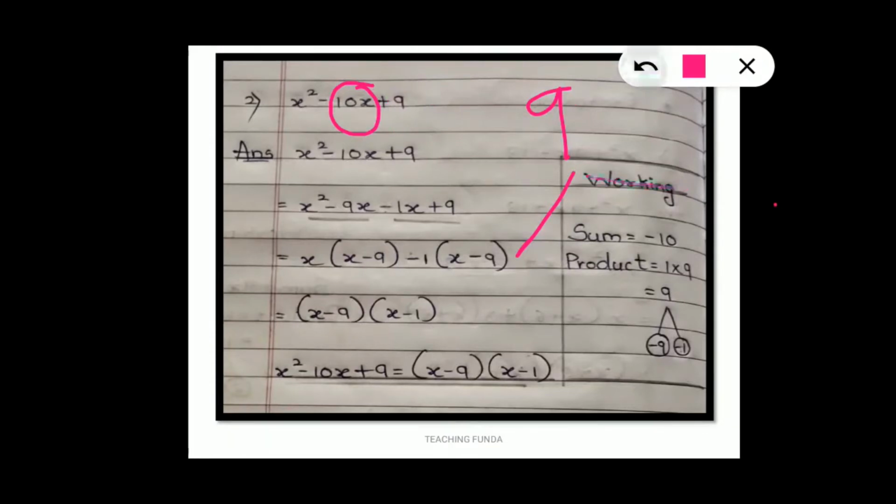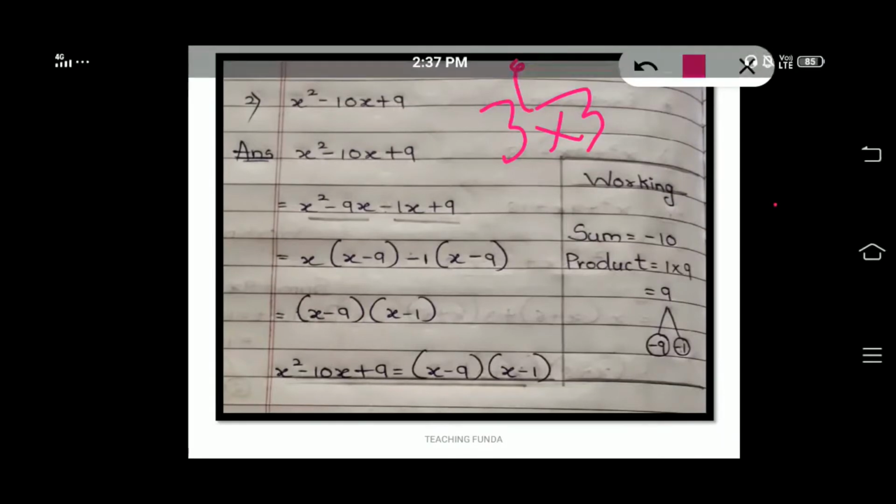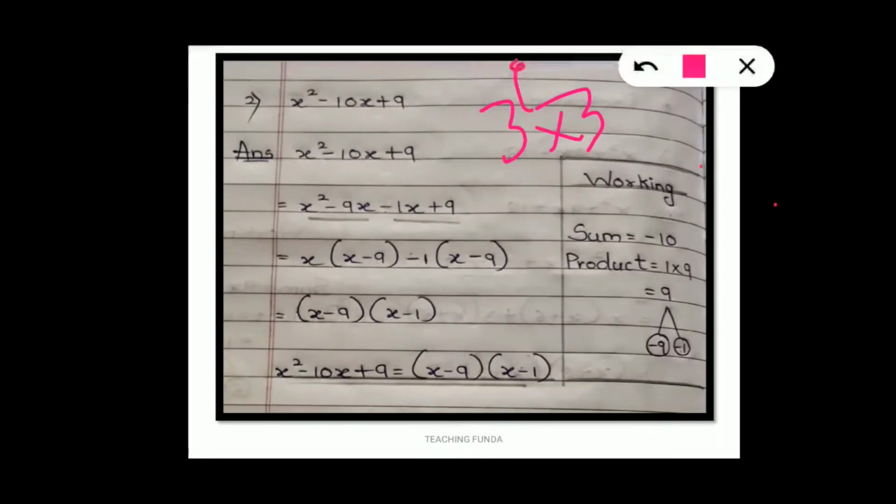Like this you have to do. Here I am finding the factors of 9. 3 threes are 9, 3 into 3 is 9, and 9 ones are 9.